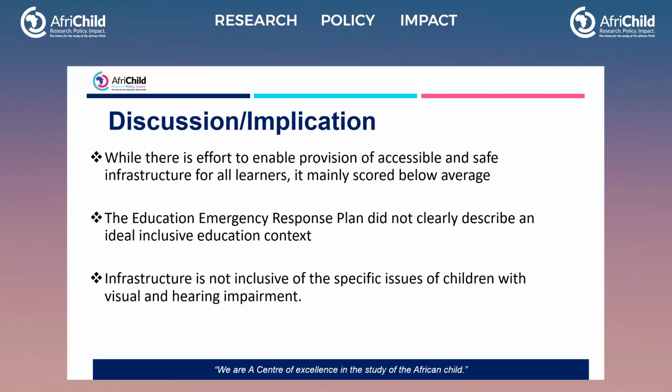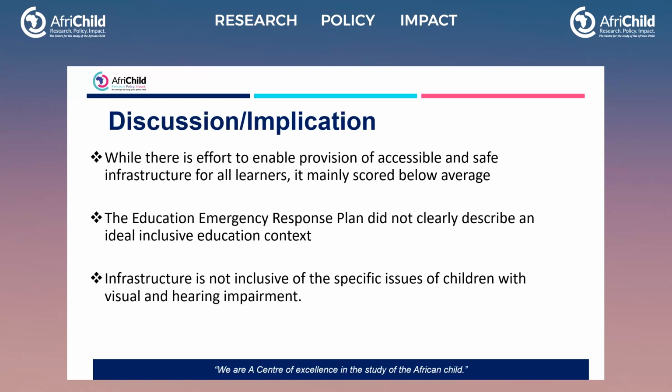Then the Education Emergency Response Plan did not clearly describe an ideal inclusive education context, like we've seen with the quotation from the key informant. Infrastructure is not inclusive of the specific issues of children with visual and hearing impairment. Not specific at all.